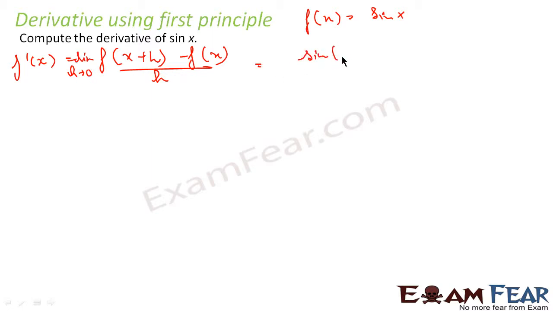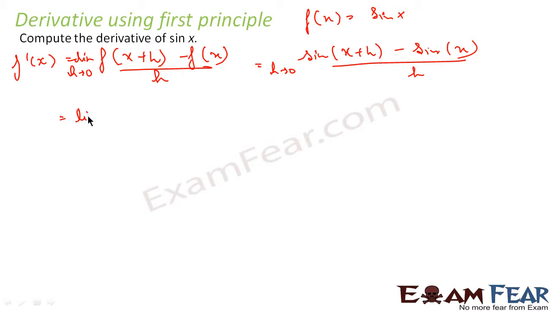This is nothing but the limit of sin(x plus h) minus sin x by h, where sin a minus sin b is nothing but 2 cos((a plus b) by 2) into sin((a minus b) by 2).